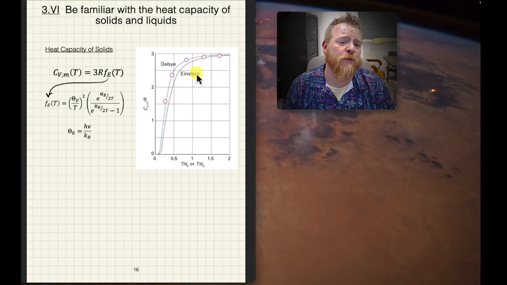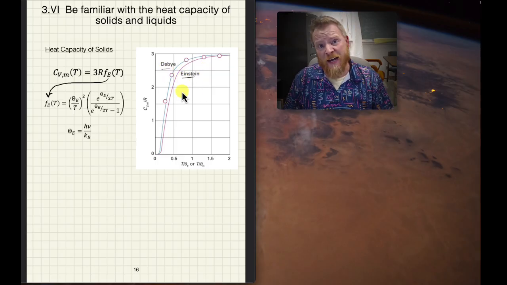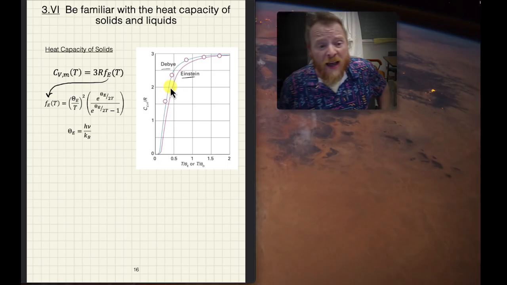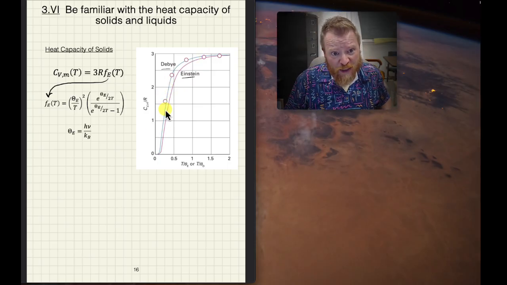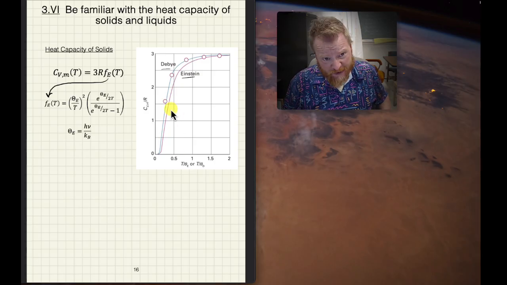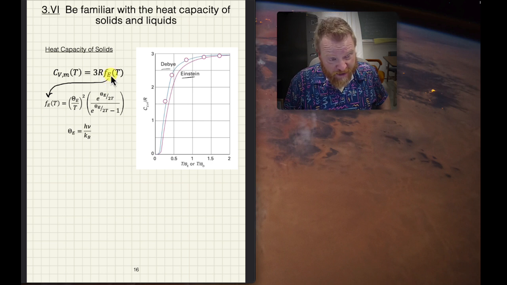There's a couple different formulations for this: the Debye formulation and the Einstein formulation. As it were, the Debye formulation is just a little bit more accurate at lower temperatures, but as you can see, at higher temperatures, they have good agreement. So the E right there stands for the Einstein formulation.